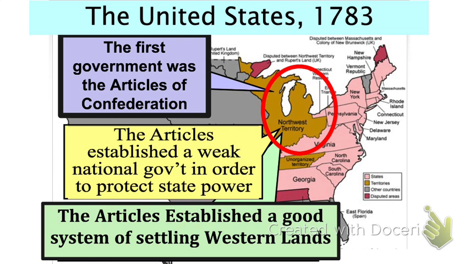Anyone know? Who do you think? Who inhabited everything out here? Native Americans. So who inhabited the Northwest Territory? Native Americans, right? So the Articles did give power to the national government to create treaties, and that's exactly what they did with the Northwest Ordinance to gain that territory for the United States and to establish the state of Ohio.